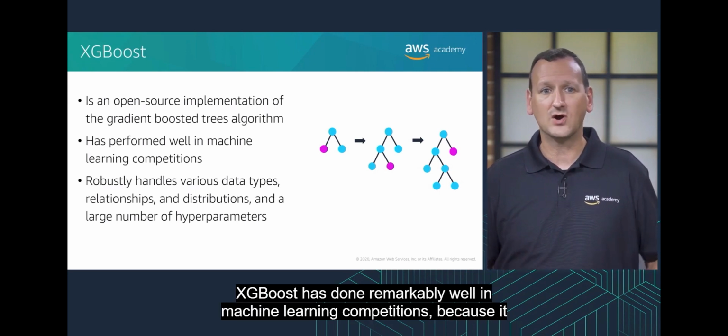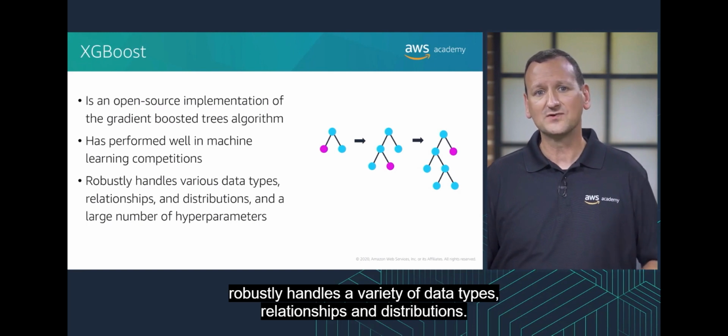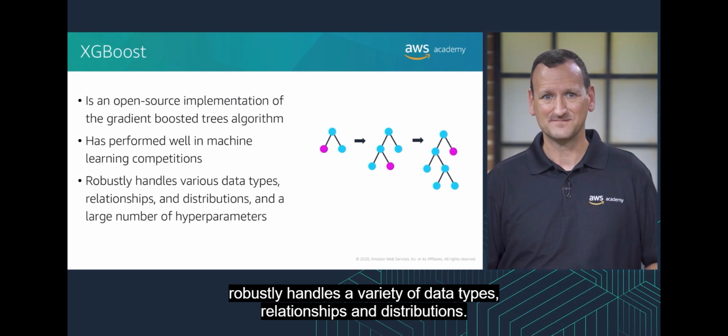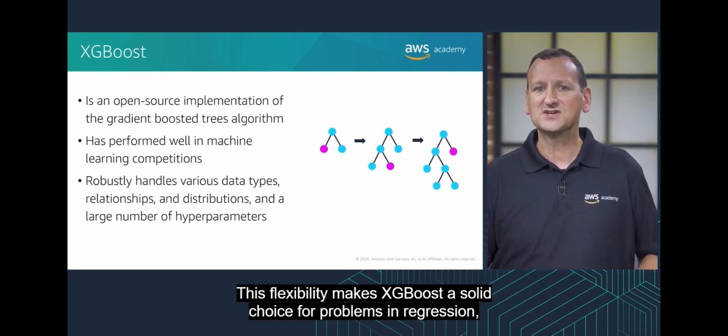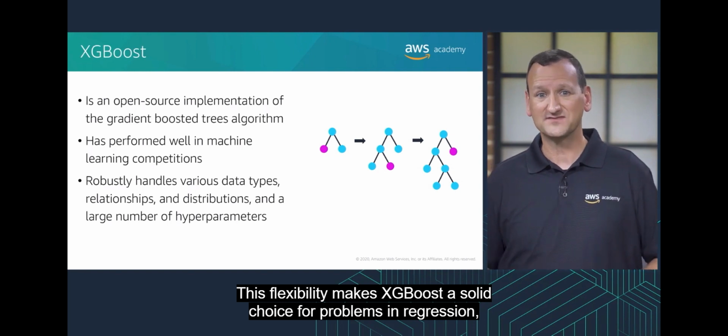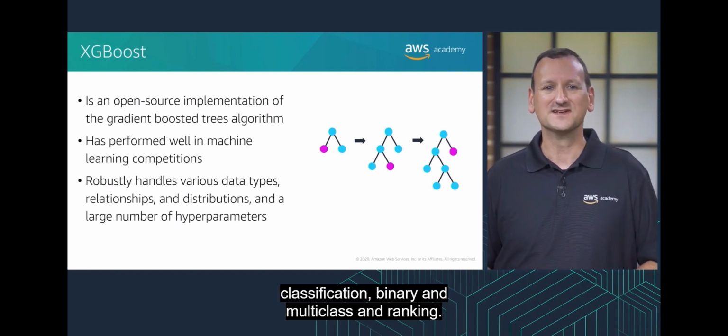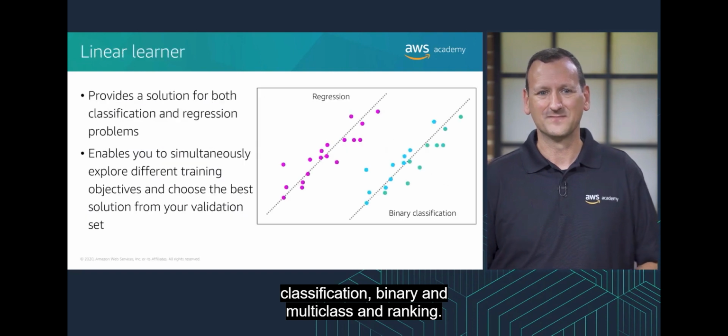XGBoost has done remarkably well in machine learning competitions because it robustly handles a variety of data types, relationships, and distributions. The large number of hyperparameters can be tweaked and tuned for improved fit. This flexibility makes XGBoost a solid choice for problems in regression, classification, binary and multi-class, and ranking.